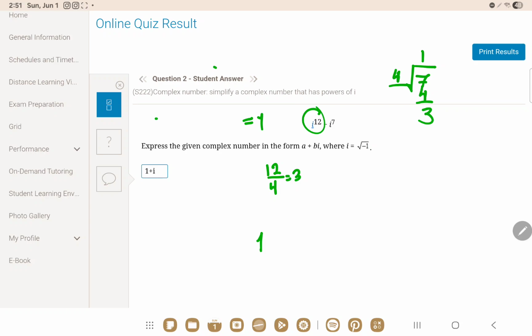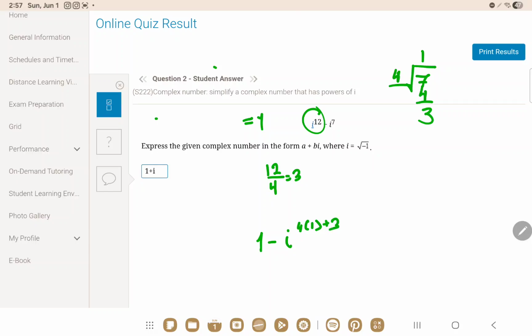Now what does that mean? Sorry guys, where was I? Yeah, so what this means is it's i to the power of 4 times 1 plus 3.